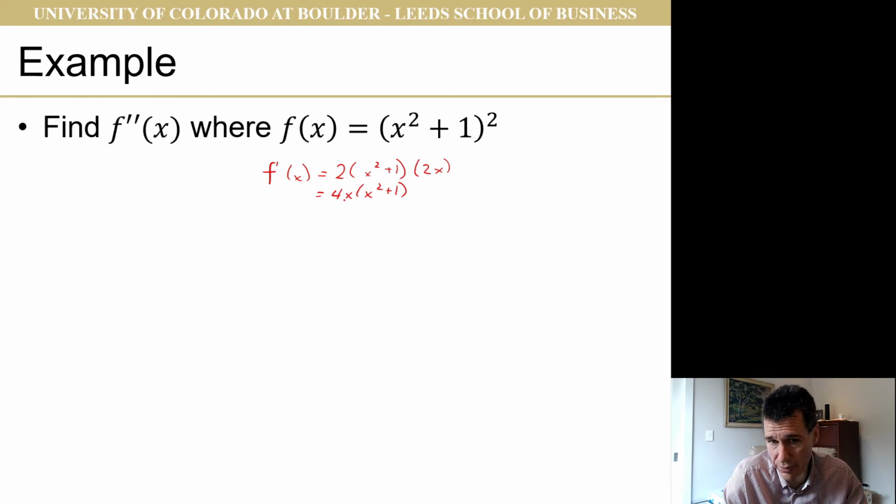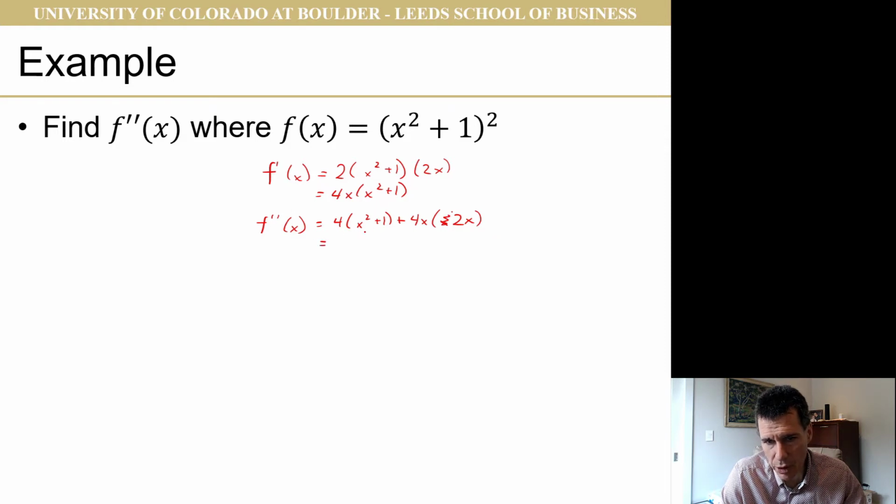We're going to take the derivative of this function, which is going to require the product rule. So f double prime of x, the second derivative, is the derivative of the first function, which is just 4, times the second, x squared plus 1, plus the first function, 4x, times the derivative of the second, which is, oops, I've already made a mistake, which is 2x.